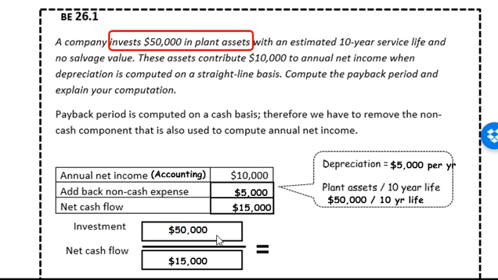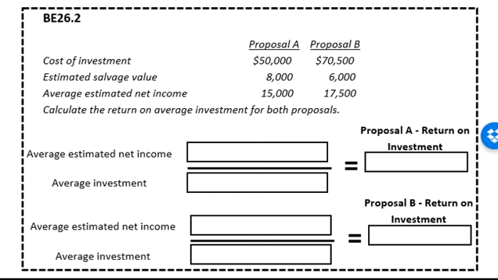So now I start out with my investment, which is $50,000. I divide that by my yearly or my annual cash flow, which I've computed now to be $15,000. So the answer is, when I do this calculation, the answer is 3.3 years. Okay, now let's go on to the next slide.